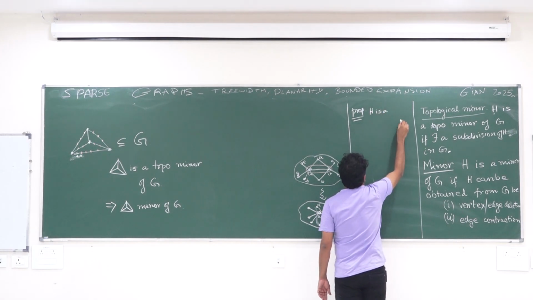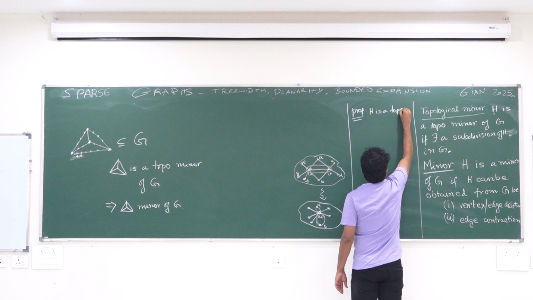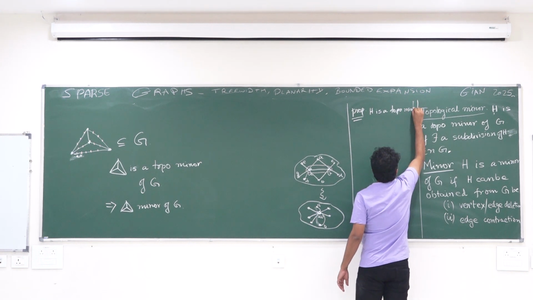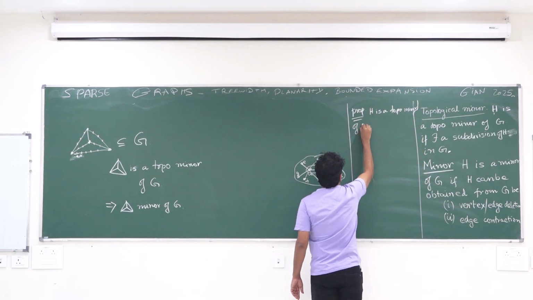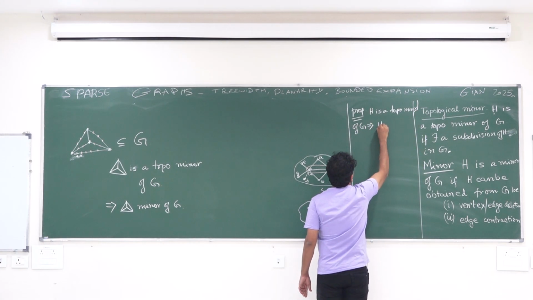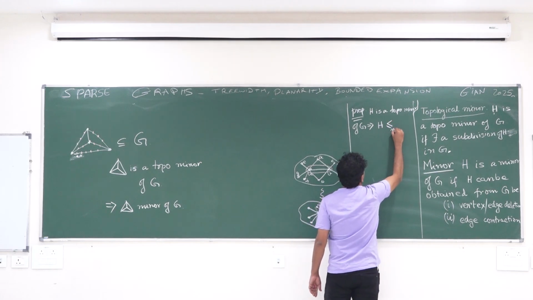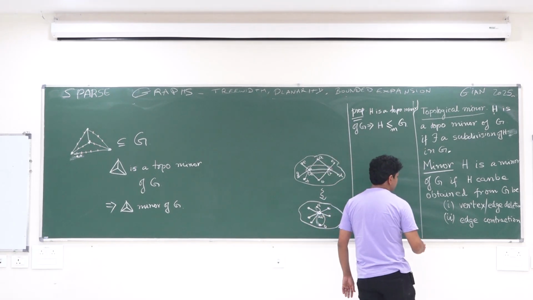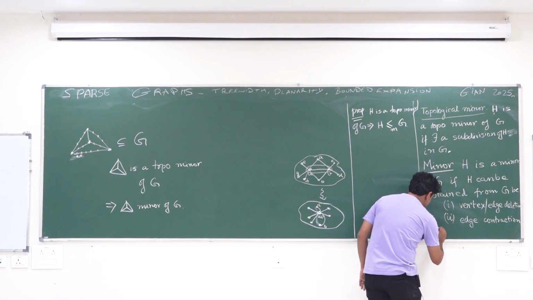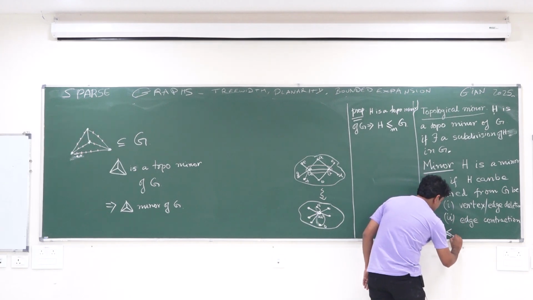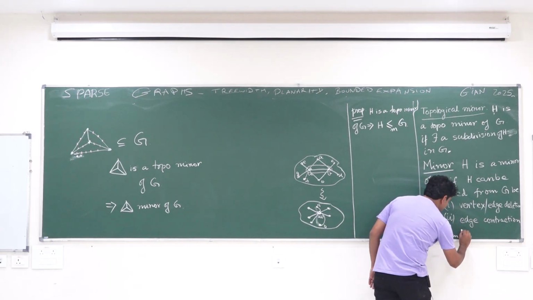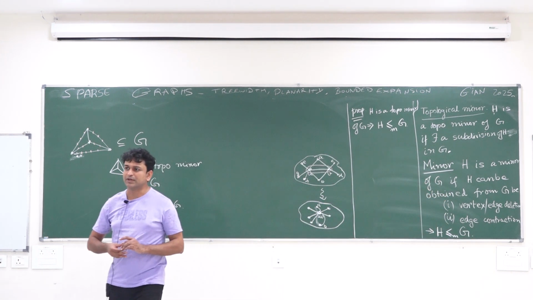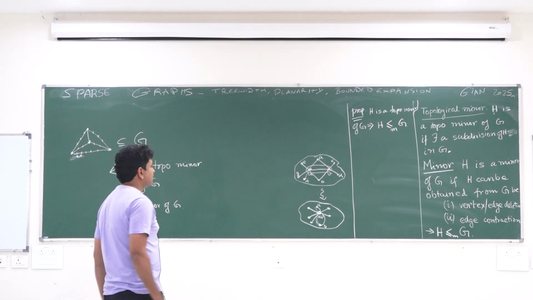H is a topological minor of G implies H is a minor of G. I will be using this notation: H is less than or equal to, with subscript M for minor. This is my notation for H is a minor of G. So if it is a topological minor, it's a minor.